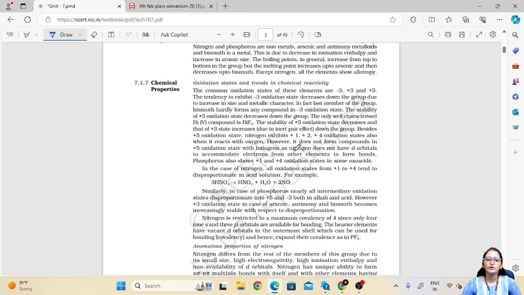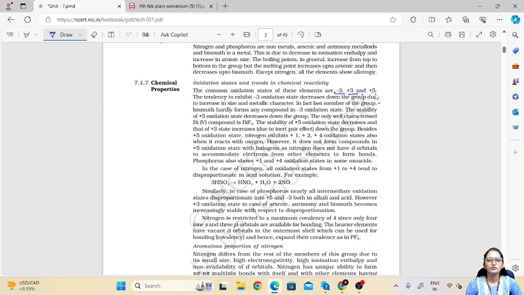Then talking about oxidation states, the common oxidation states are -3, +3 and +5. -3 means the tendency to gain 3 electrons, +5 means the tendency to lose 5 electrons. The tendency to exhibit the -3 state decreases down the group.